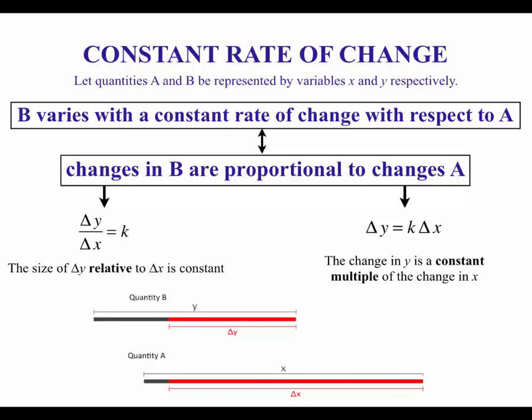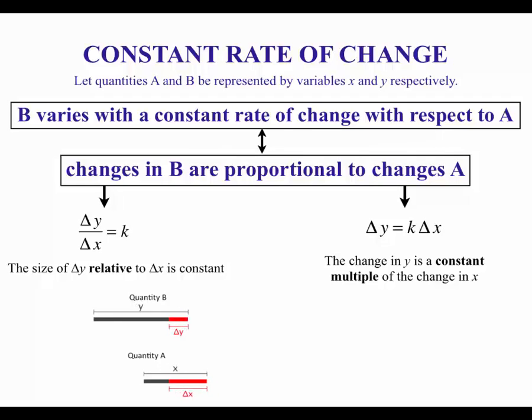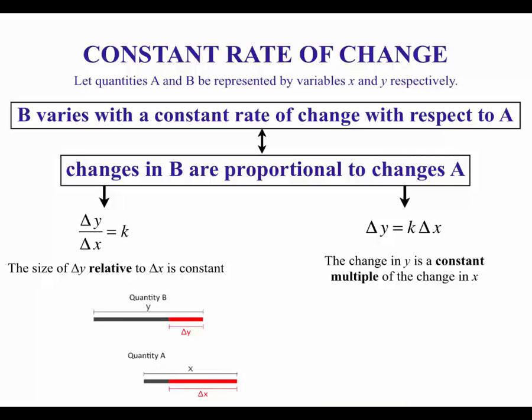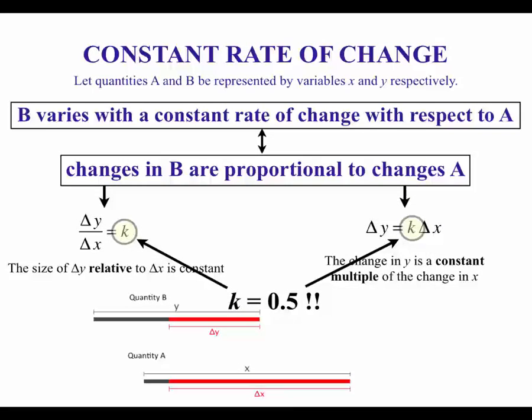What is the relative size of the change in y to the change in x? A half, right? And what is the constant multiple that would give you a change in y, given the change in x? 0.5. A half. They're both a half. That's what we said. The relative size is the constant multiple.